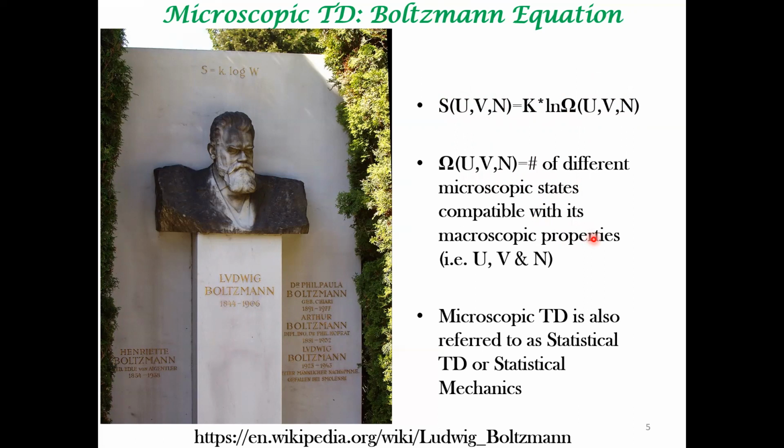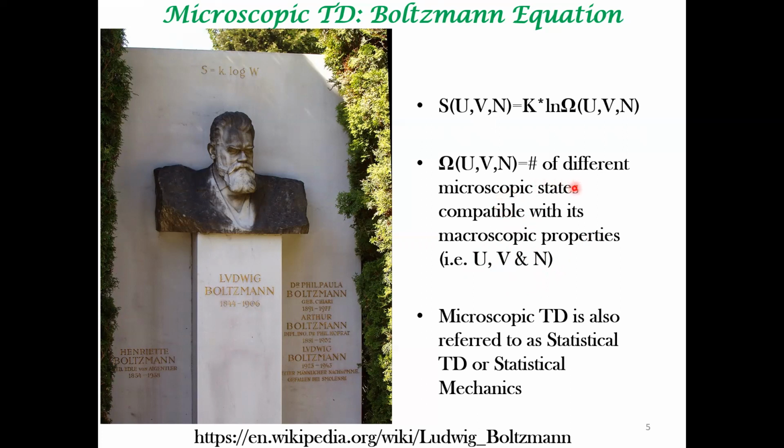Let me clarify that. For a given macroscopic state, that is, I'm fixing U, V, and N, these are the macroscopic variables that fix my macroscopic state. For that, I can define many microscopic states.